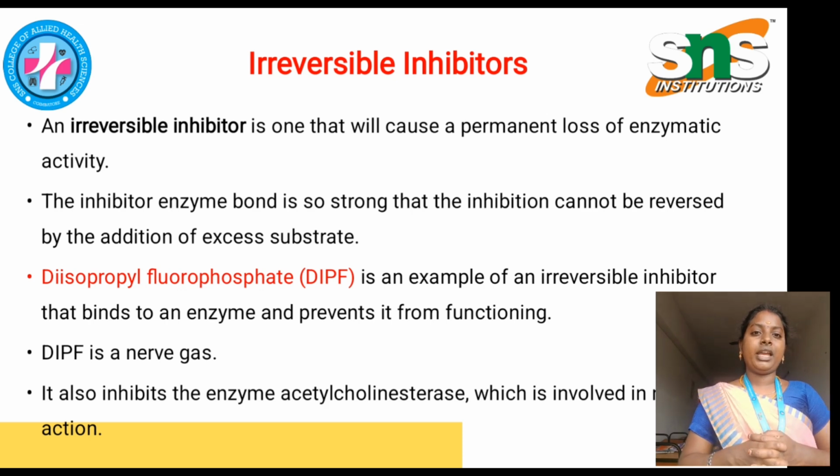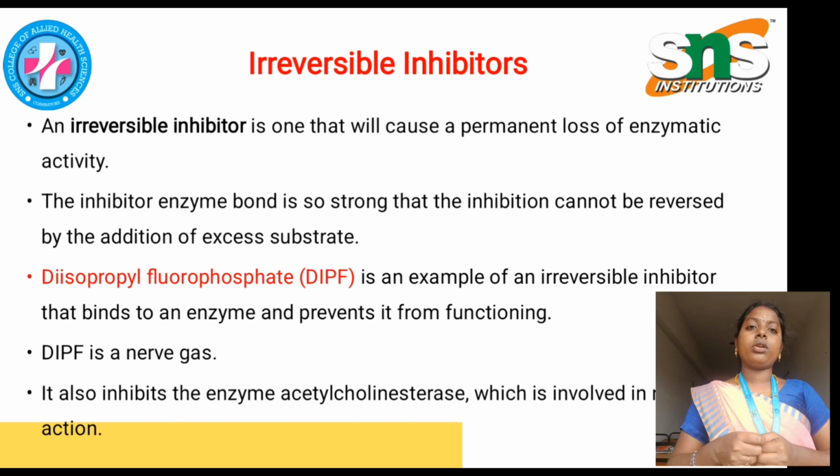So if a patient is affected by this nerve gas, his or her nervous system is completely damaged, and the person finally reaches the coma stage, and some paralysis conditions are also caused by this irreversible inhibition. So once DIPF is attached to the enzyme acetylcholinesterase, it cannot be reversed, and it leads to permanent loss, and paralysis patients do not get cured completely because of the irreversible inhibition.